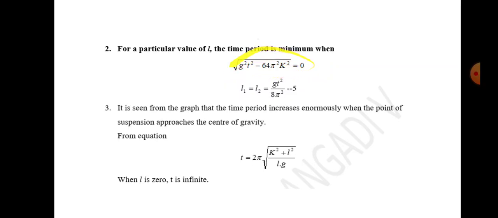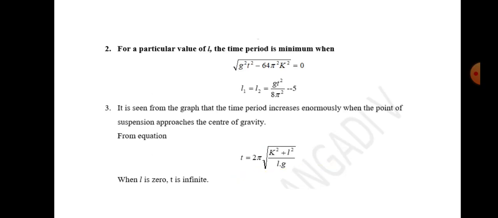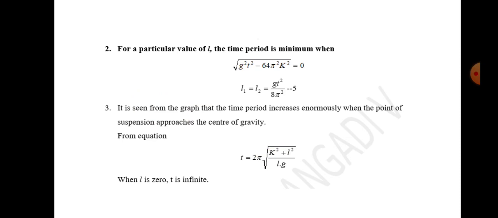In both cases L1 and L2 are then the same: L1 is equal to L2 is equal to gt square divided by 8 pi square, since this term is completely 0 and only gt square by 8 pi square remains. So when the time period is minimum, L is equal to gt square divided by 8 pi square, for that particular value of L.